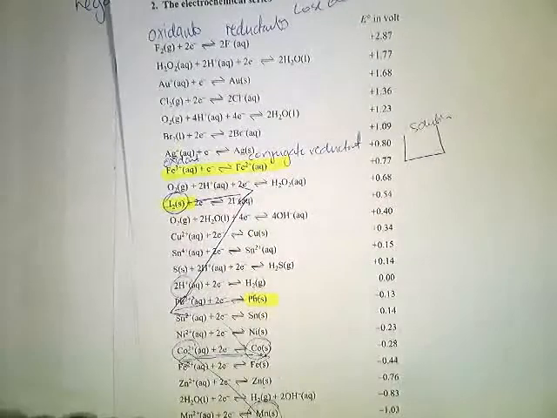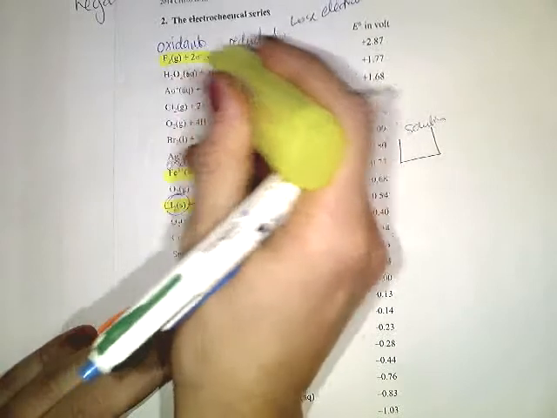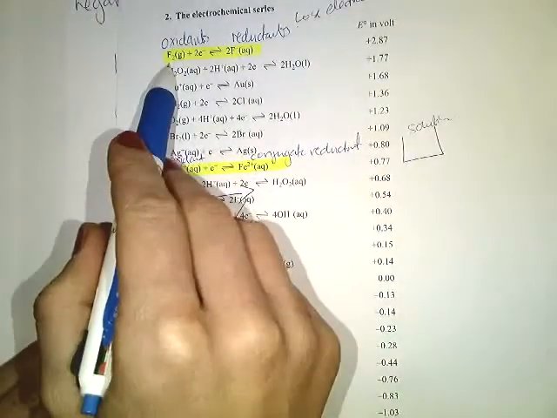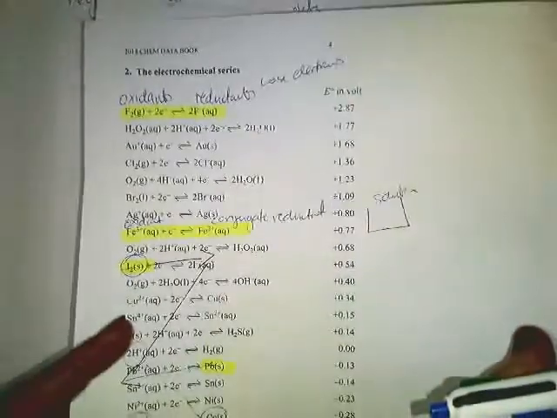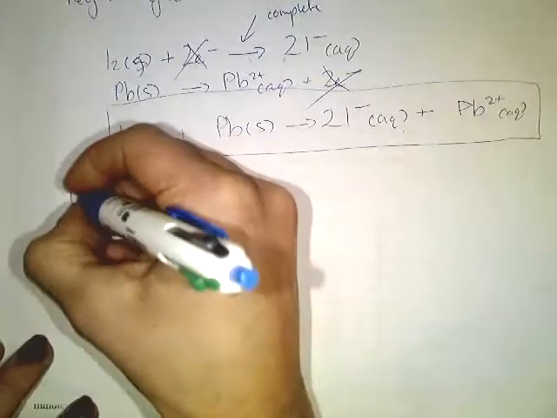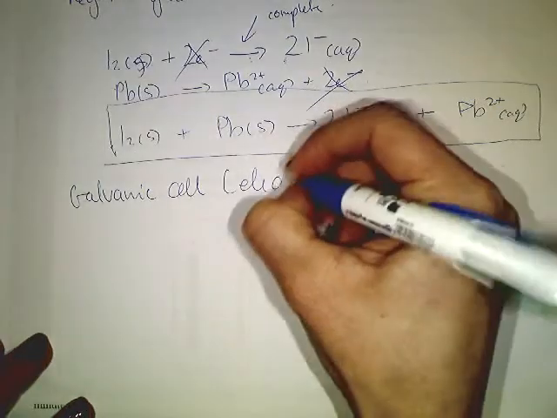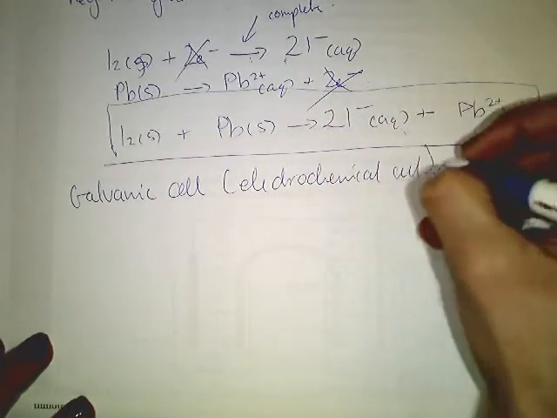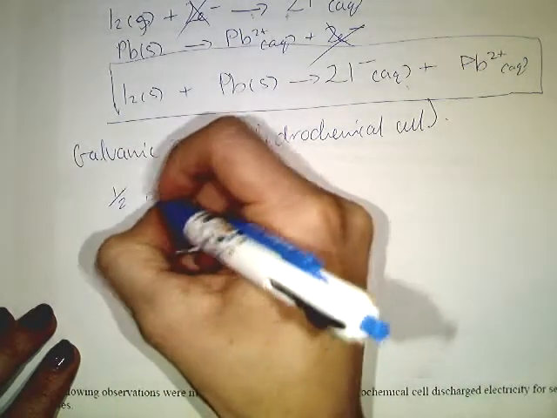Then let's pick F2, where the oxidant is in a gaseous state and the conjugate reductant is in the aqueous state. For a galvanic cell, an electrochemical cell, which relies on spontaneous redox reactions, we need to have the conjugate redox pair in each half cell.